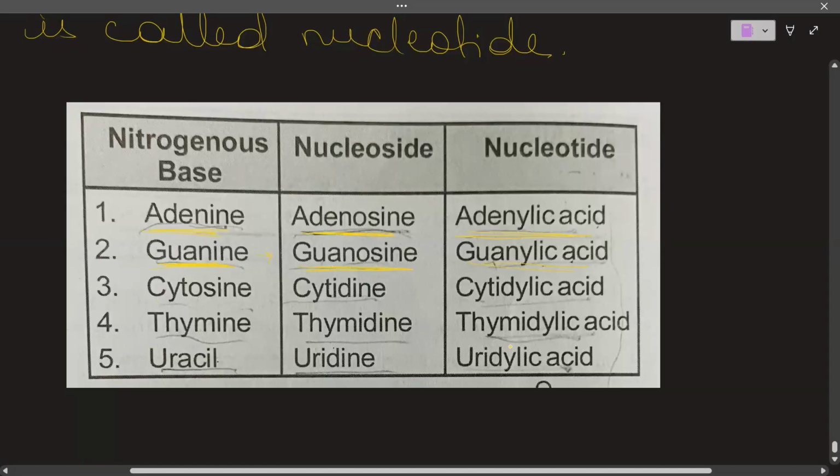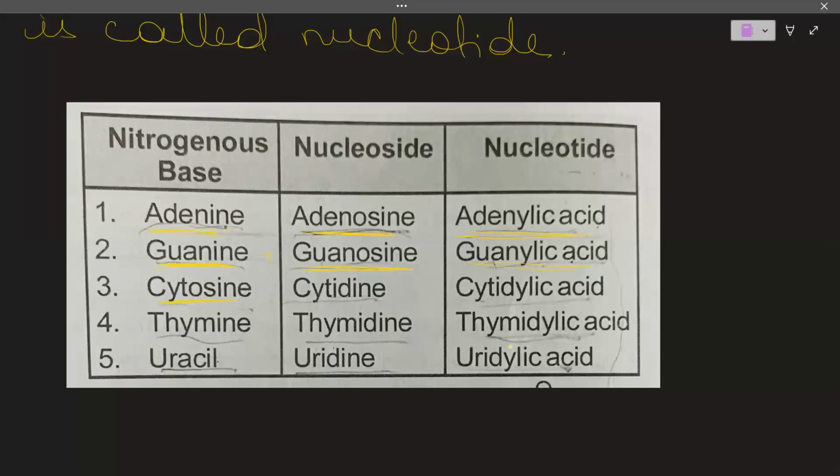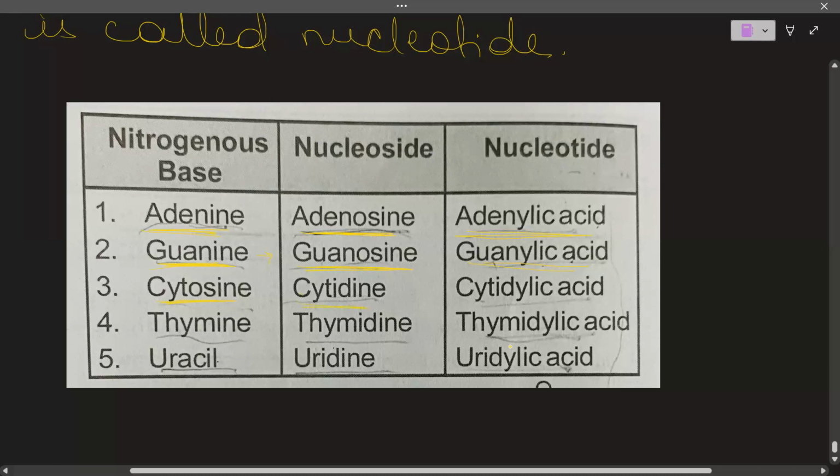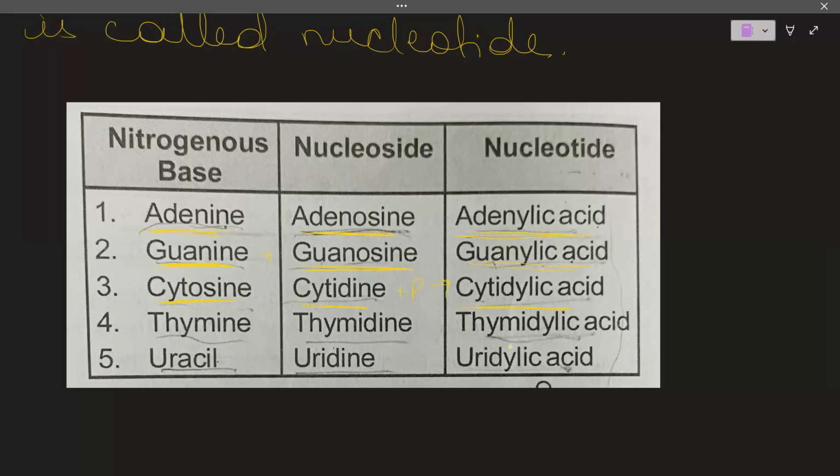Same for cytosine. When cytosine forms a bond with a pentose sugar, the nucleoside is called cytidine, and when cytidine has a phosphate group attached, it becomes cytidylic acid. These are the names of the compounds with individual nitrogenous bases.